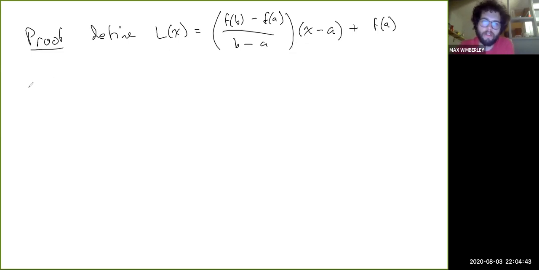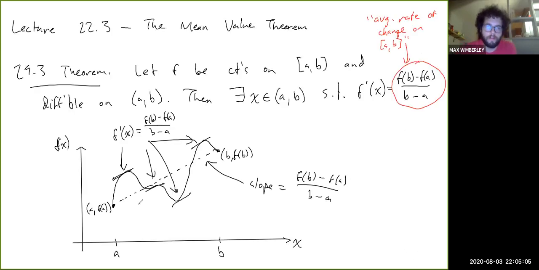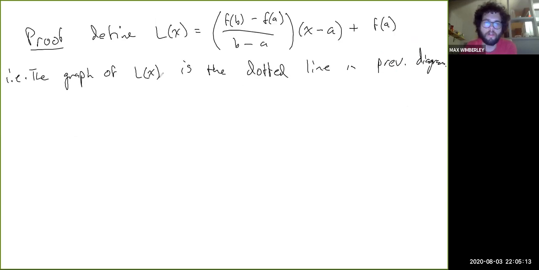So then the graph of L of x is the dotted line in the previous diagram. All right, so if we go back to here, this is the graph of L of x.